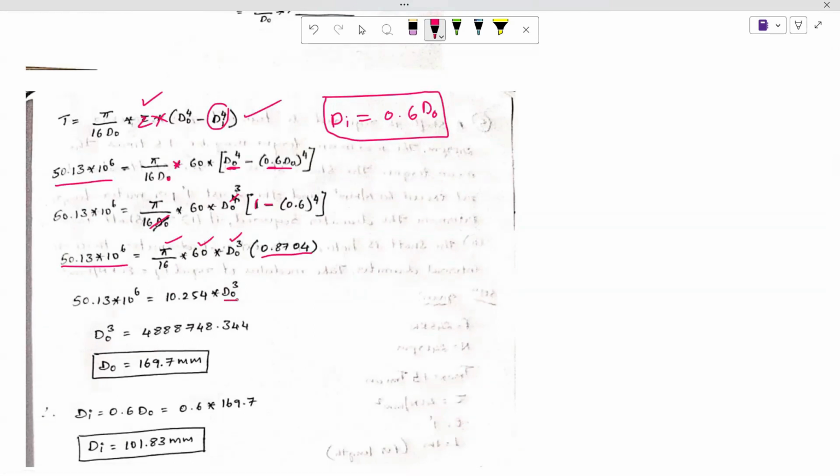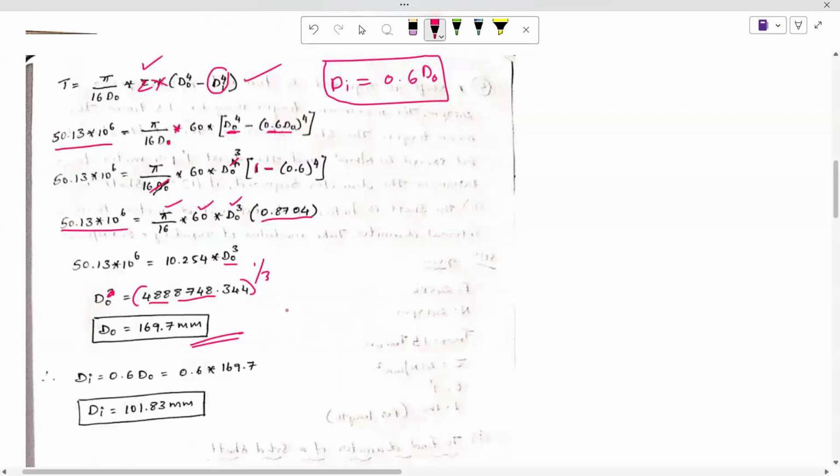So you will get d naught cube equals 4888748.344. If you take the cube root of this, to the power 1 by 3, that d value will be 169.7. That is the outer diameter.